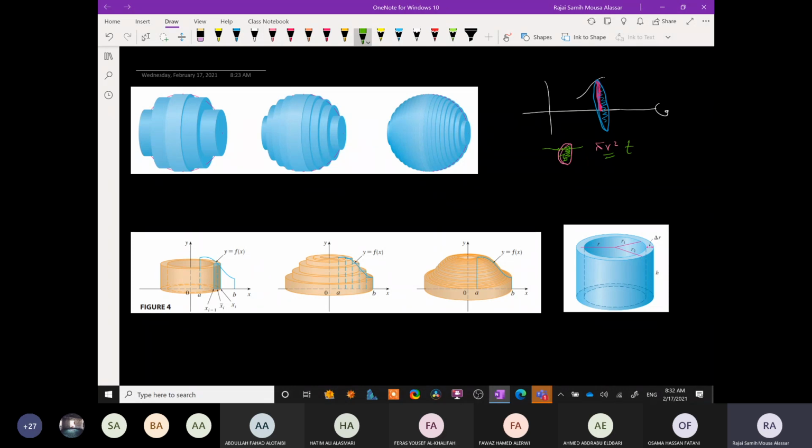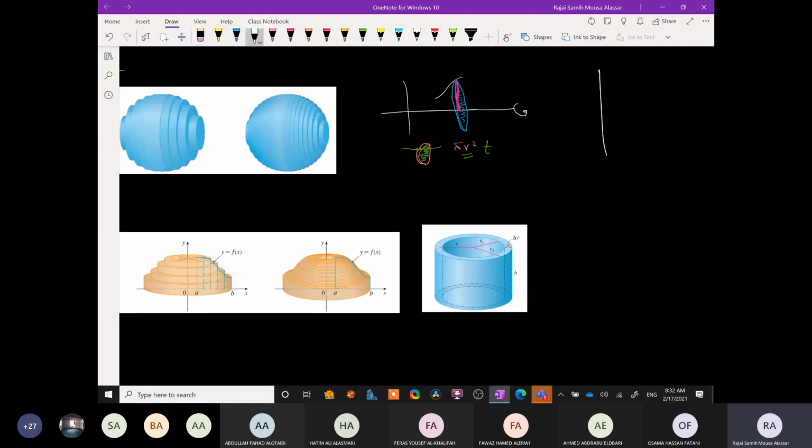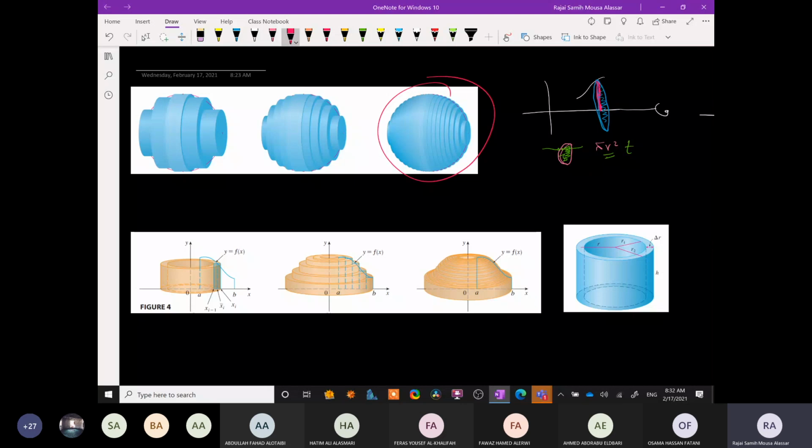The situation is like you're taking so many of these samples. You take a sample and rotate, take another sample and rotate, etc. So by rotating all of these, you're going to get your object, which is depicted here, right?